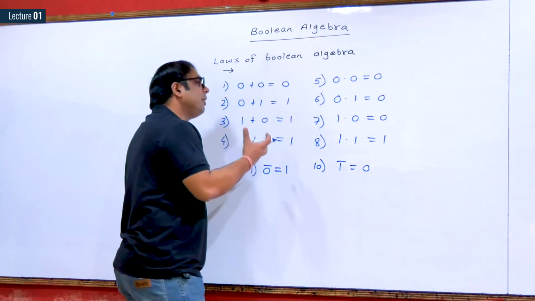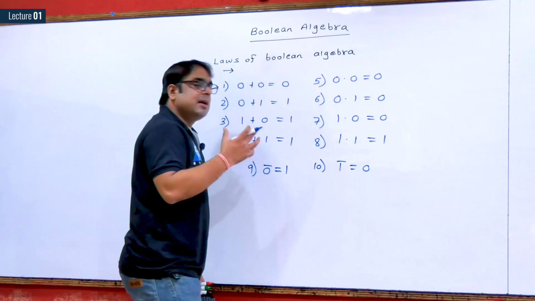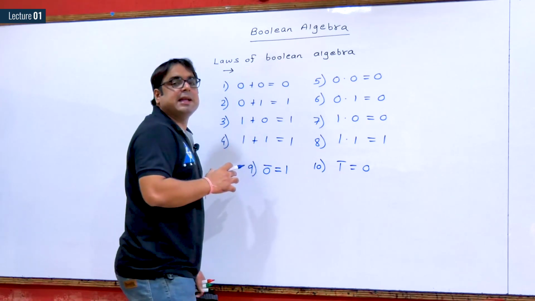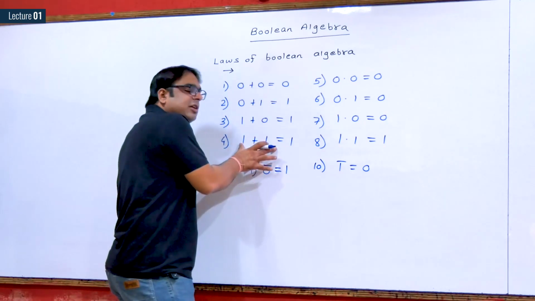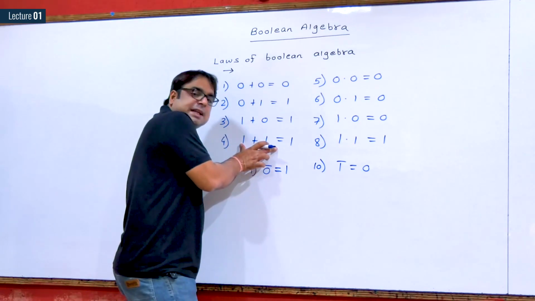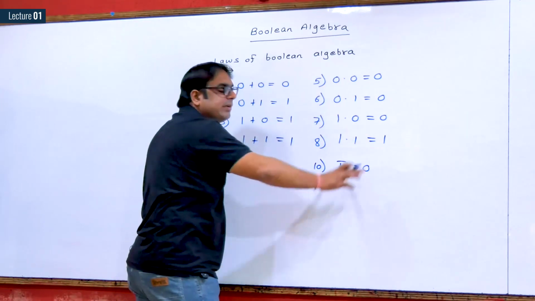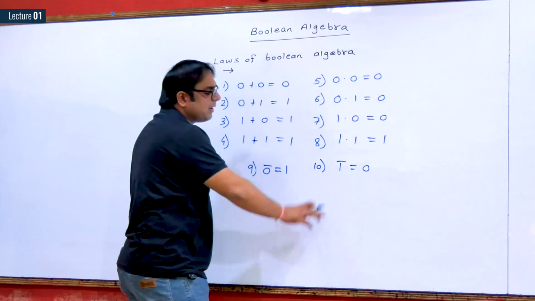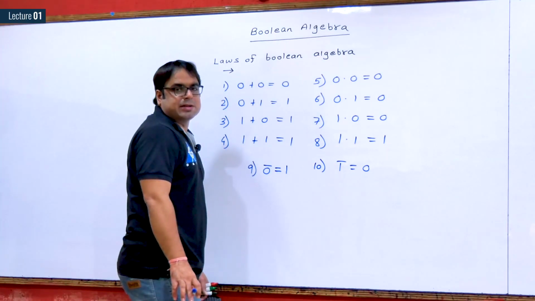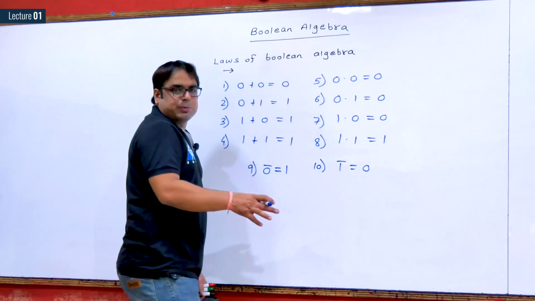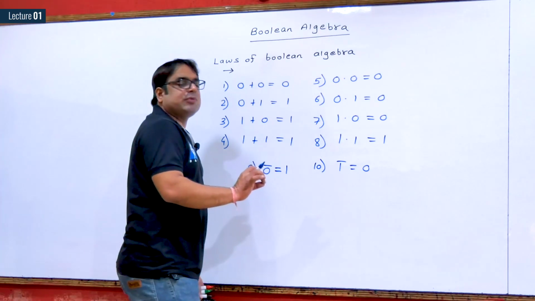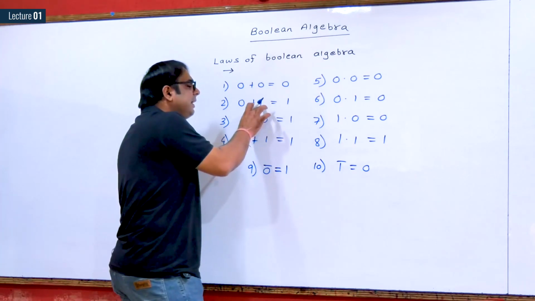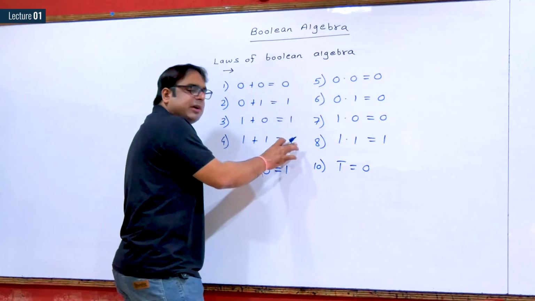So these are the basic laws which cover all the basic operations. Why am I calling them basic laws? Because they are associated with the basic gates. These four are associated with OR gates, these are associated with AND gates, these two are associated with NOT gates. So this is nothing new for you. In OR gate, what we have learned is, if any input is 1, your output will be 1.